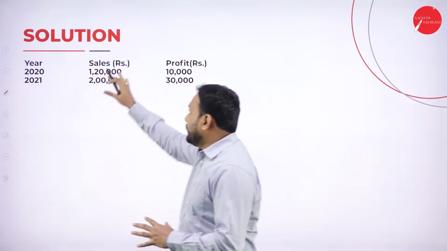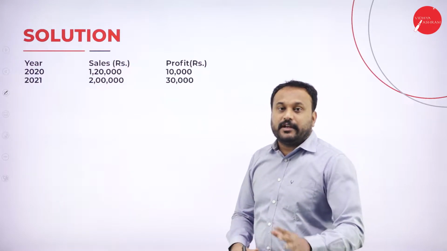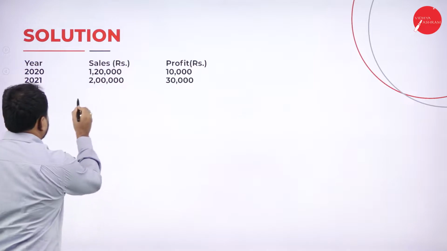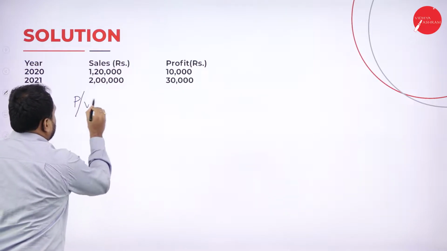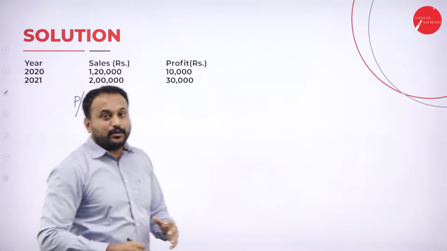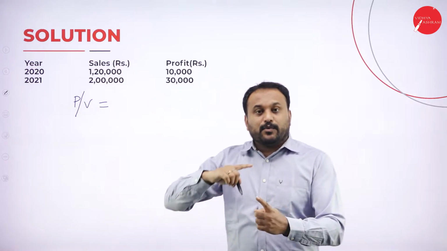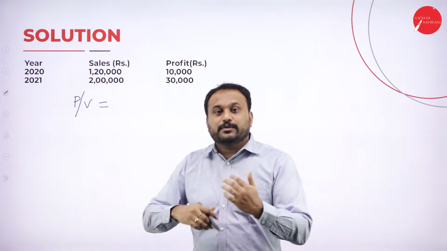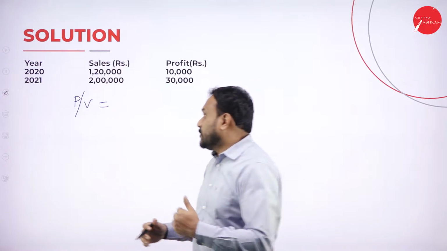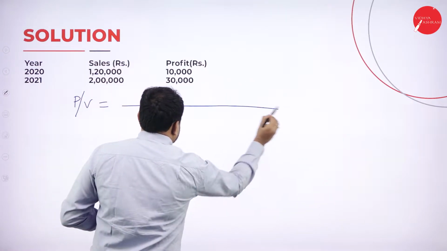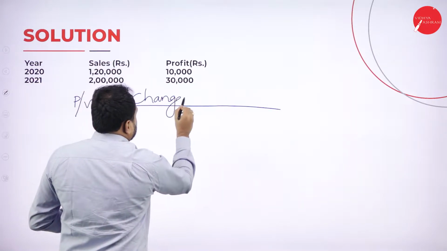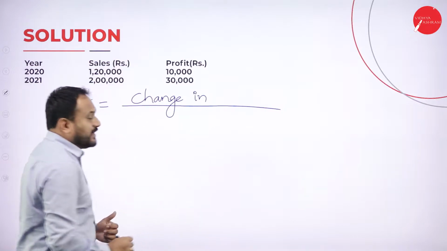The problem here is 2020, 2021, we have 2-year sales and 2-year profit, and I told you what exactly the PV formula would be. Now the PV formula here is PV is equal to what? Earlier what we used to solve, it is not the same. From the fourth session I have told you the PV formula will change. That's why it is always change in. Now understand how to remember.